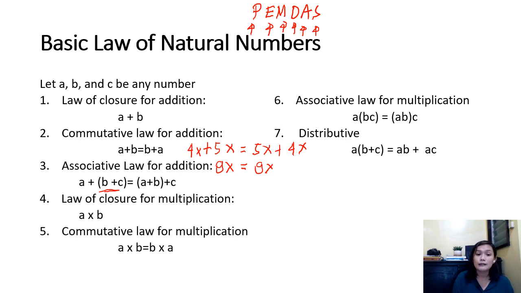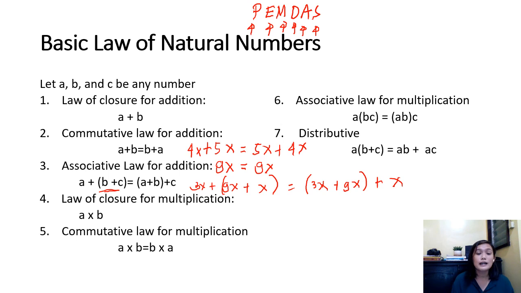Let's say we have 3x plus the quantity 9x plus x, where we group 9x plus x. So you start by doing 9x plus x first, which is 10x, and then 3x plus 10x is 13x. This is equal to, since it's the associative law, we group 3x plus 9x here, then plus x.